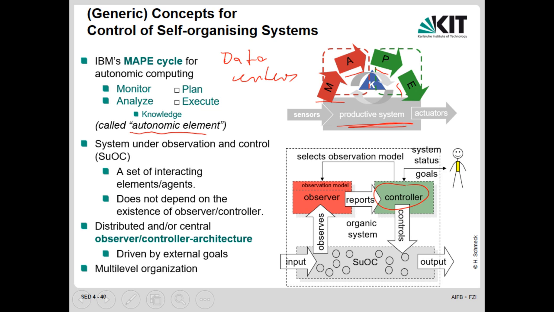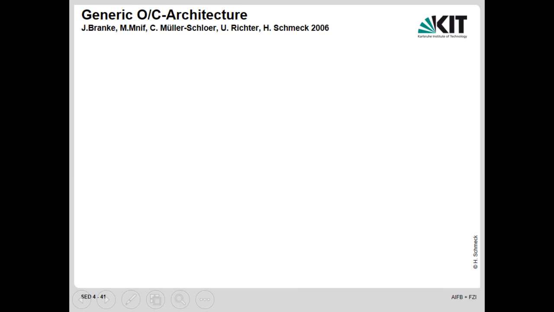We have a controller which, on demand, or if necessary, will perform some activity. And different from the MAPE architecture, we also always consider the user or some next entity which will also observe what's happening there, but which will provide goals and also look at the current system status. So it is driven by external goals, and usually it is a multi-level organization.